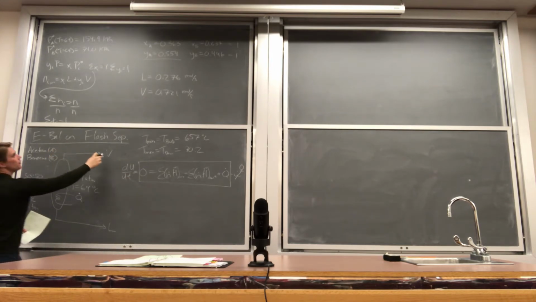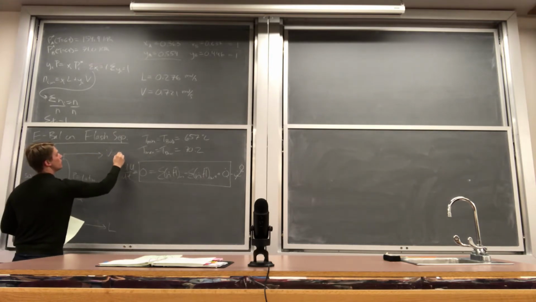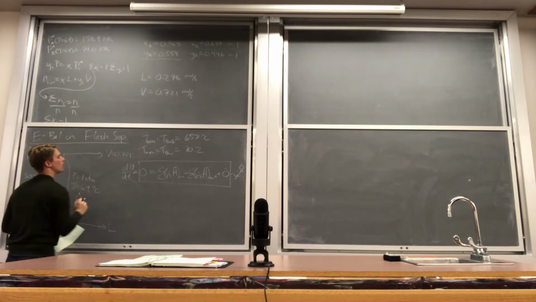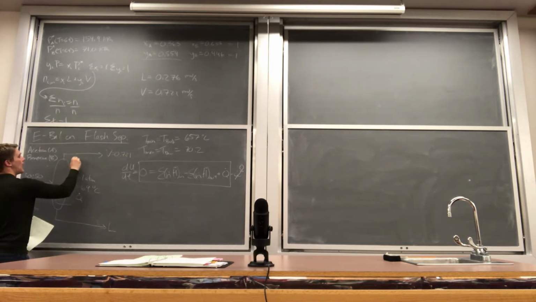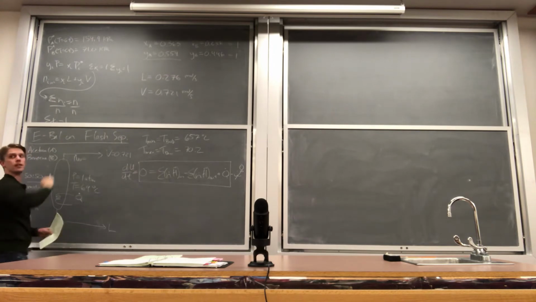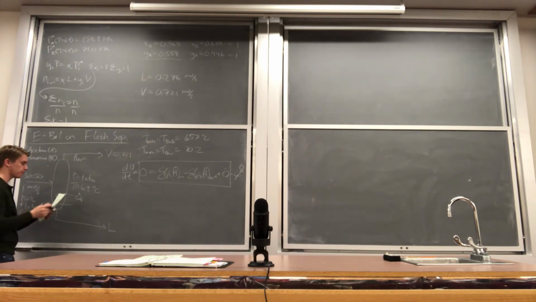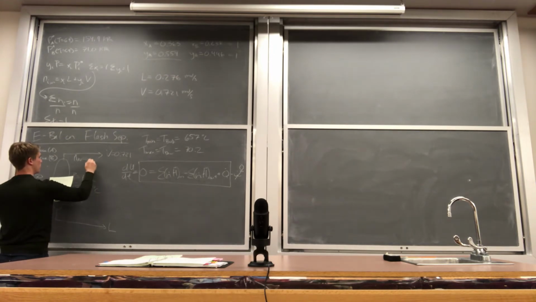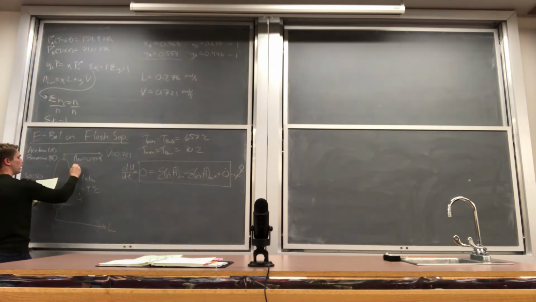V is equal to 0.721. So I could write that N of acetone in the vapor is equal to this times the composition, 0.554. This would be 0.399, assuming I did all of my math correctly.